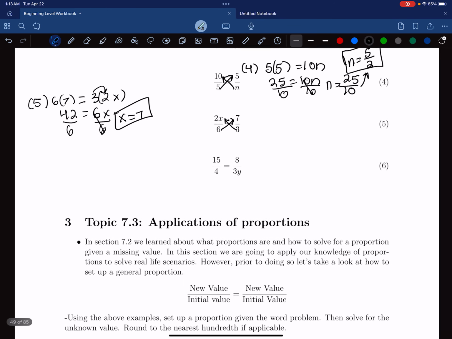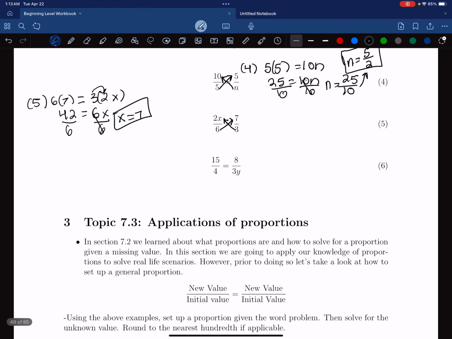And then looking at our final example of this section, let's cross multiply. So you're going to get 4 times 8 equals 15 times 3y.